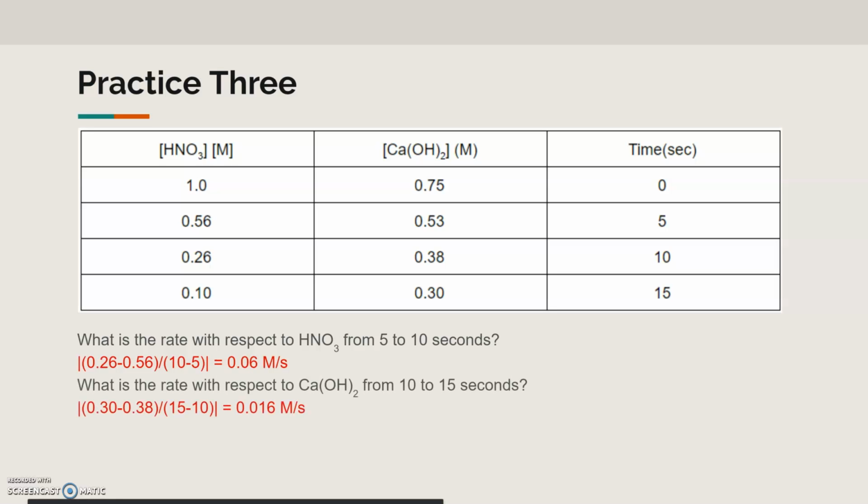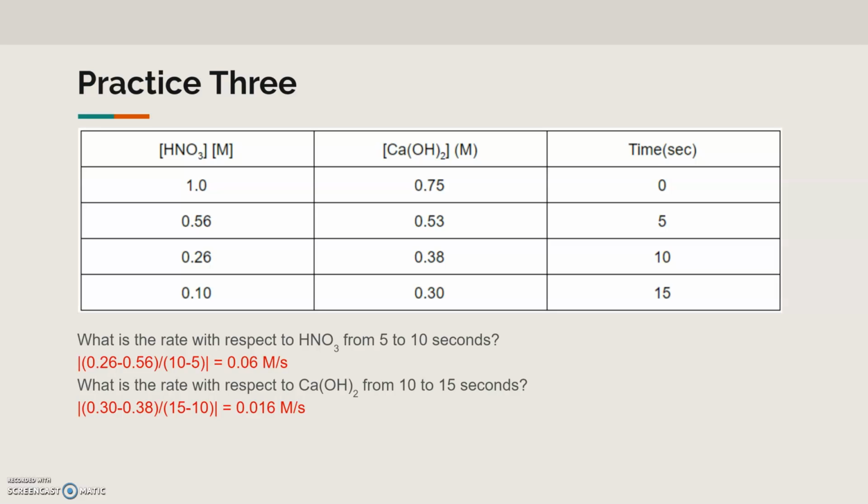Next problem. What is the rate with respect to CaOH2 from 10 to 15 seconds? In this case, we're looking at the other reactant. We place an initial absolute value sign and parentheses, and we put the concentration of CaOH2 at 15 seconds, which is 0.30, and subtract the concentration of CaOH2 at 10 seconds, which was 0.38.